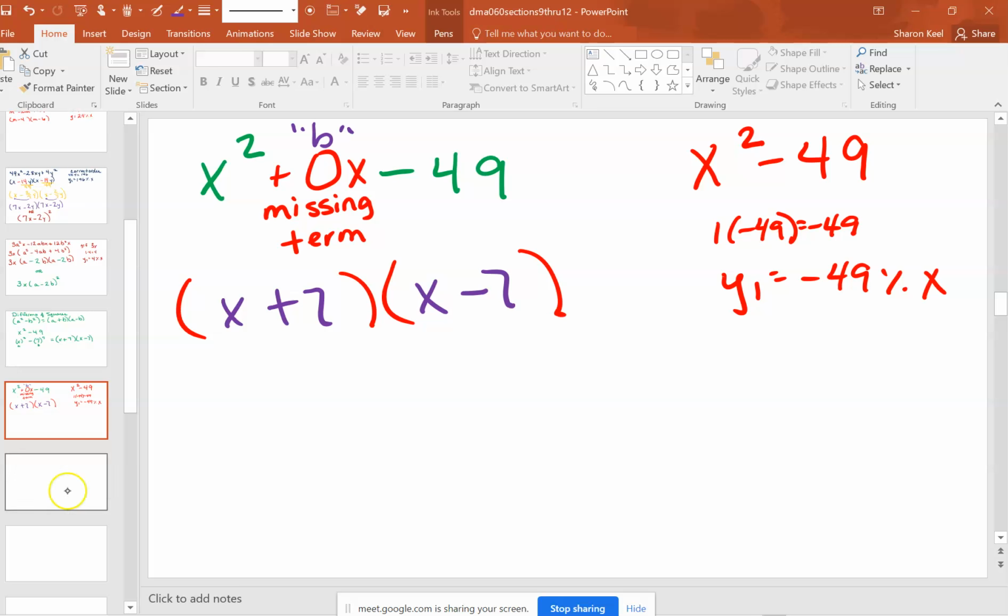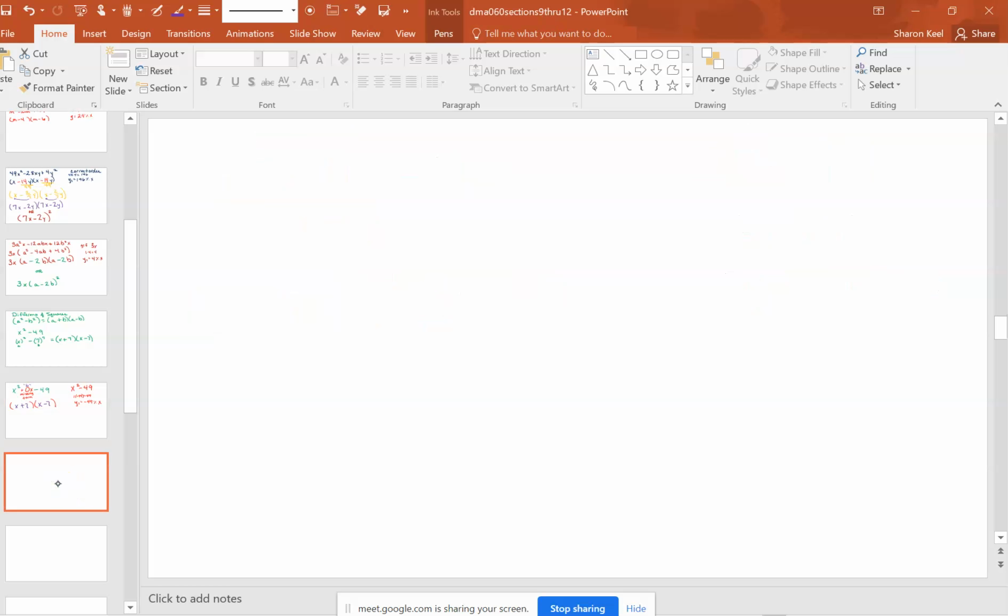Let me do one last one. This one is not a perfect square, but it can still be factored. So let's look at this. Okay, here we have 49x squared y squared minus 36.